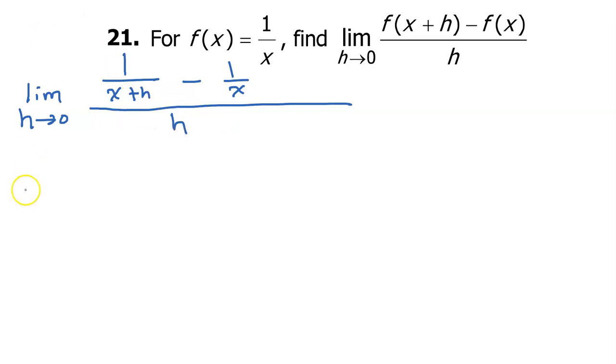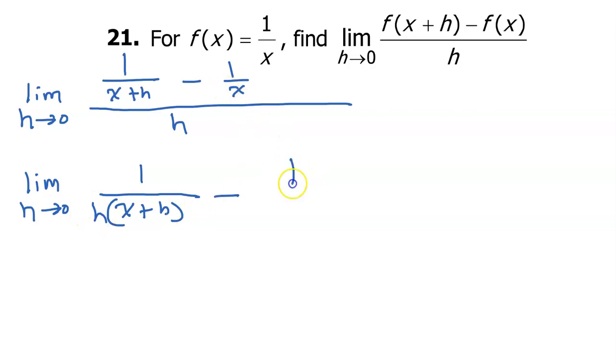So I'm going to have the limit as h approaches 0 of, so here's my 1 over x plus h. But now I'm dividing by h, so I'm putting the h in the denominator. Similarly here, you see my 1 over x, but I'm dividing this by h, so it's going to end up right here.